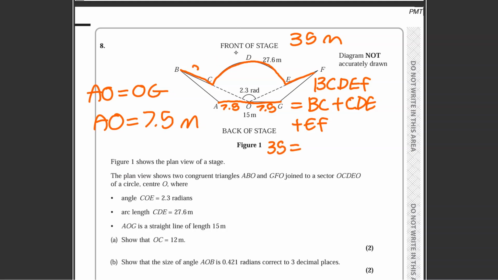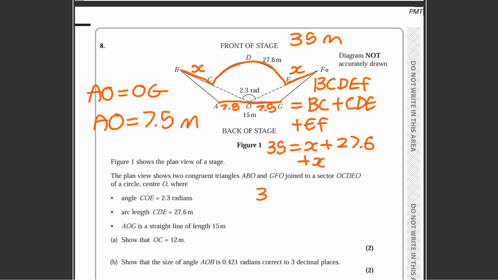BC, let's call this x. CDE is this arc here, and we're told that this arc is 27.6. And EF, which is this side here, is also going to be x, because again these triangles are congruent, they're identical, so BC and EF are both equal to x.